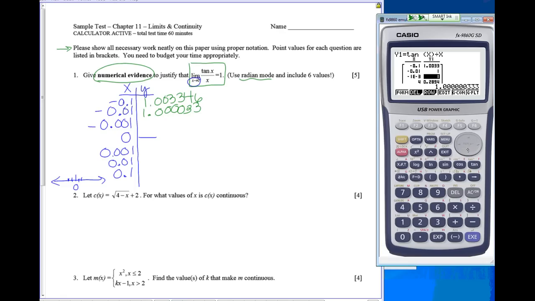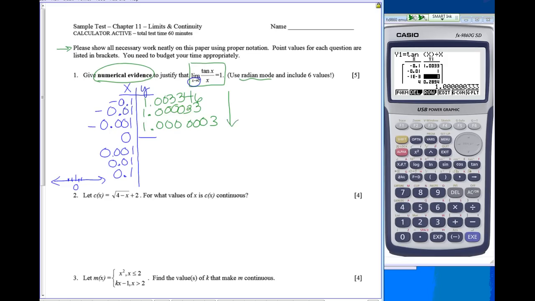And then the next point down had 6 zeros before I hit a 3. So it looks like from this direction, as x approaches 0, y is getting closer and closer to 1. And that's what I was trying to do. I was trying to provide evidence to show that the limit was equal to 1.